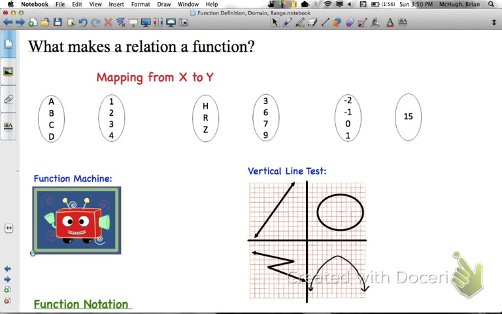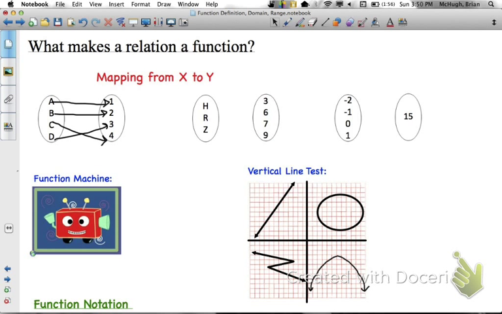When we first see relations and functions, we see this mapping scenario where we have things written in ovals typically, and we see something like A maps to 1 and B maps to 2, maybe C maps to 4, D maps to 3, as an explanation of what a relation is.